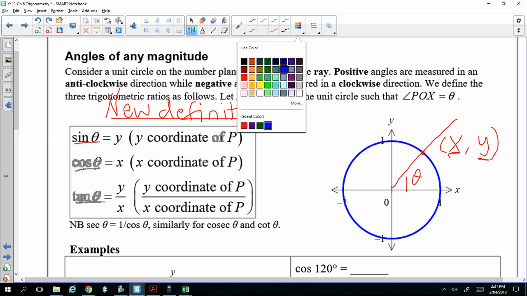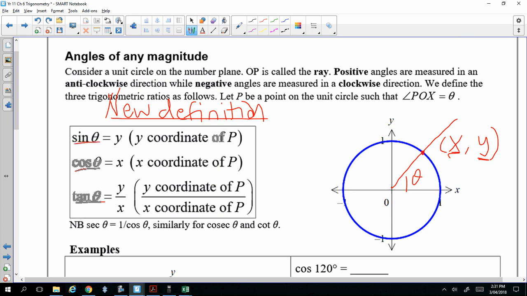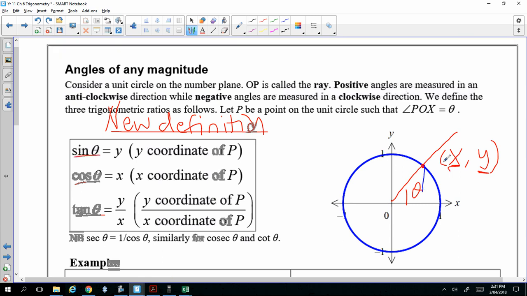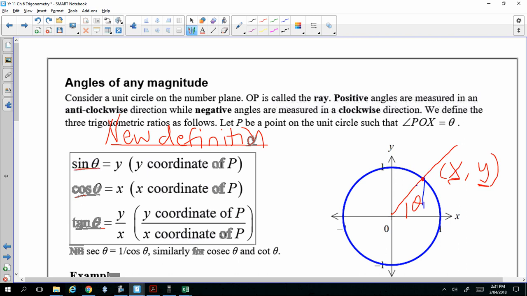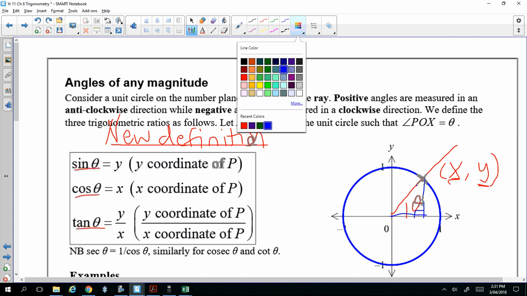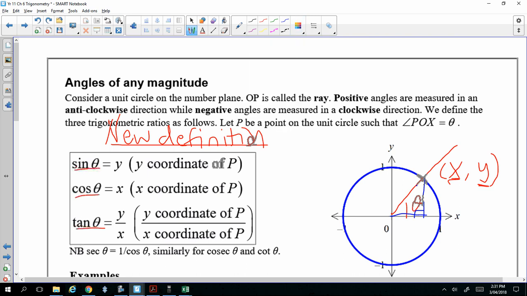On this right angle triangle, you will have three sides. What's the length of the hypotenuse? It's a circle, so the hypotenuse is the radius, which is 1. And the lengths of the other two sides are x and y, aren't they?